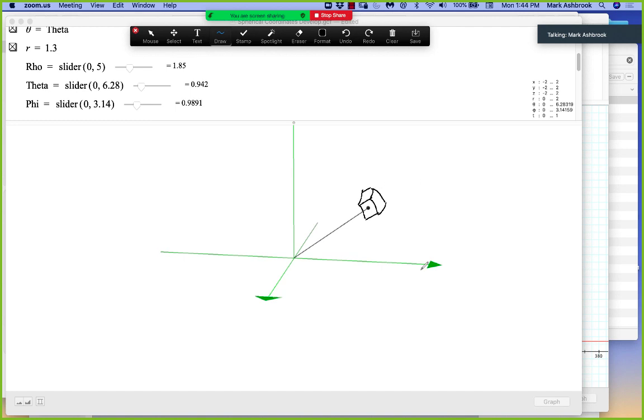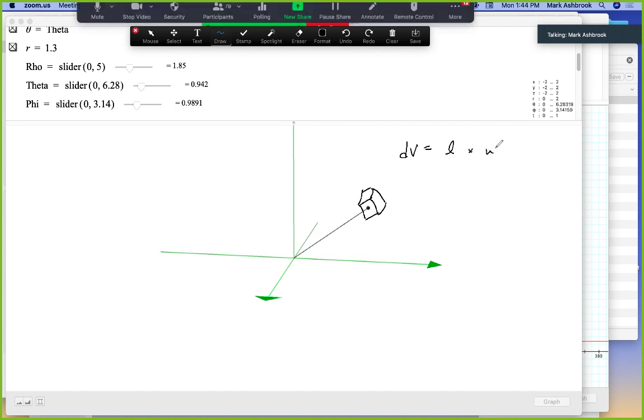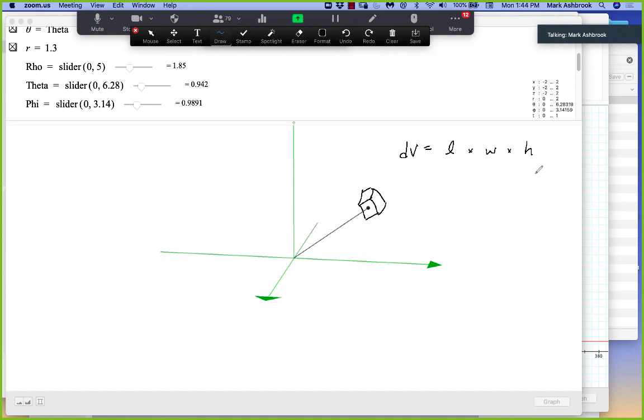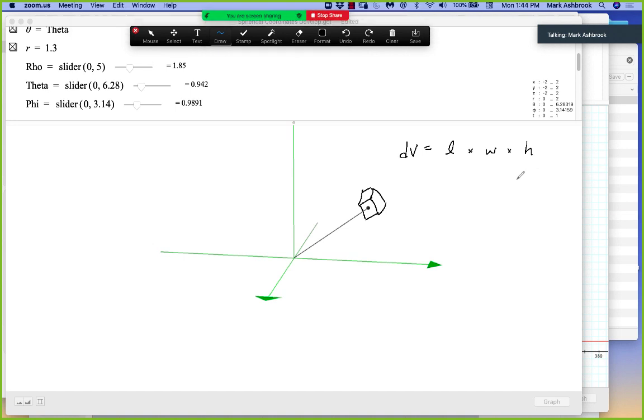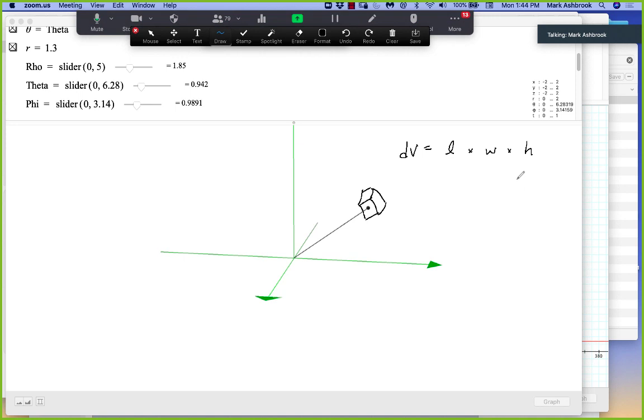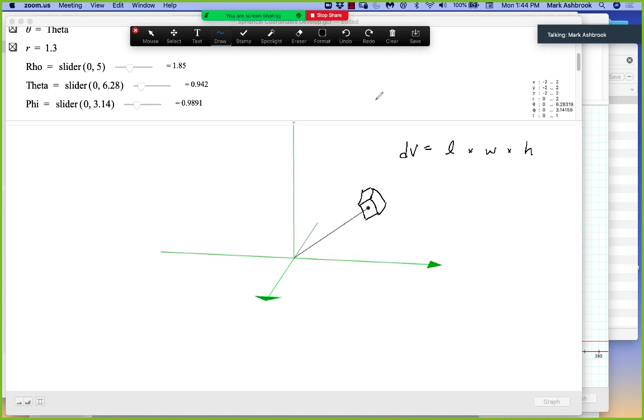Okay, that looks good. So dV is still going to be length times width times height. It's still the volume of a rectangular prism. But we know that d theta and d phi, these differentials of angle measure, aren't lengths, so we have to adjust for those. We know d rho, d theta, and d phi are involved.